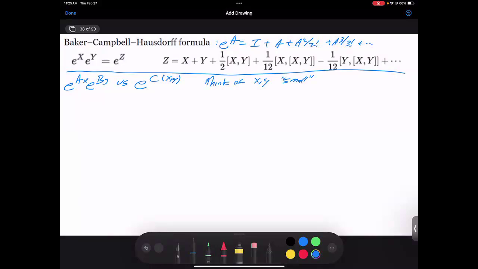So if I start to look at the left-hand side, it's I plus ax plus a squared x squared over 2 factorial plus ... times I plus by plus b squared y squared over 2 factorial plus ... And now what do I get when I multiply things out?